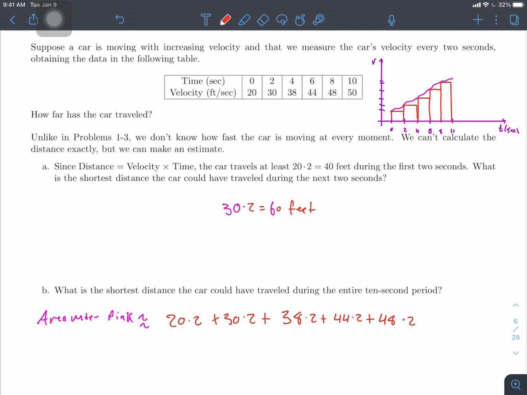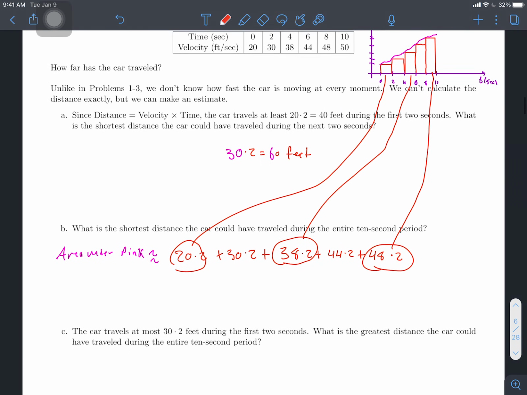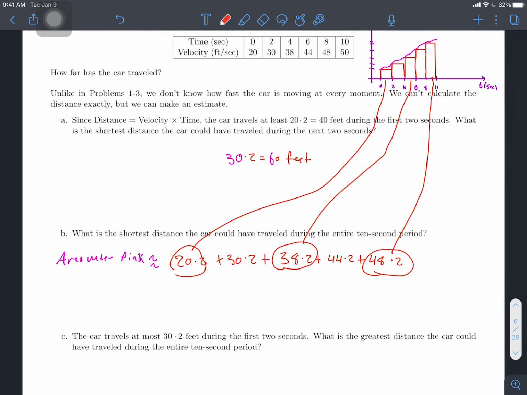Each of these corresponds to one of these rectangles, right? 38 times 2 corresponds to the area of this rectangle, and 20 times 2 corresponds to the area of that rectangle. Can you guys see all of that? All we're doing is summing up some areas.